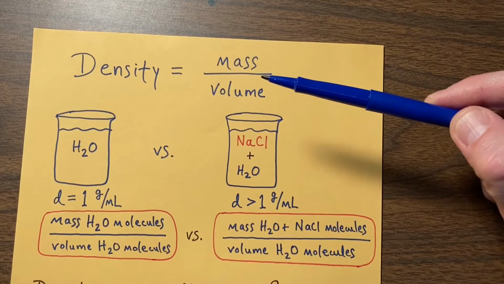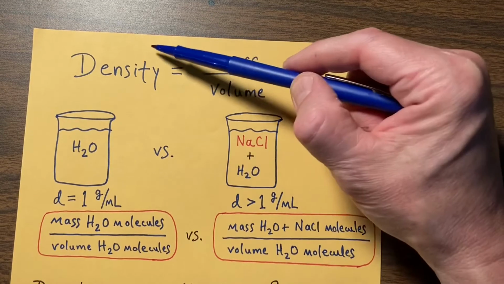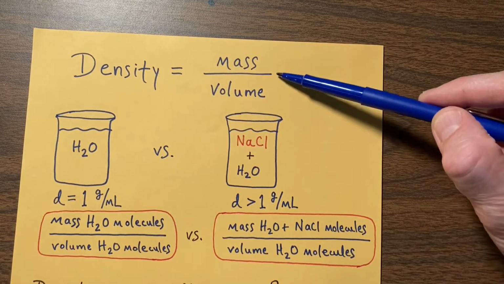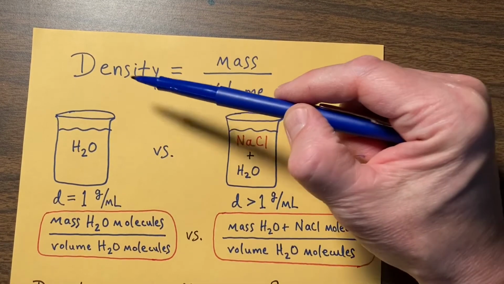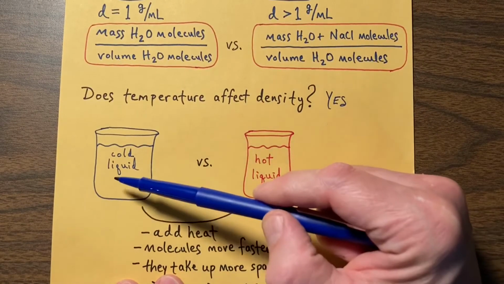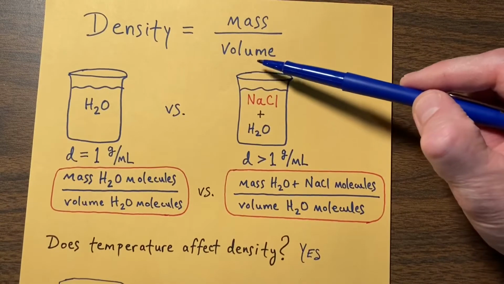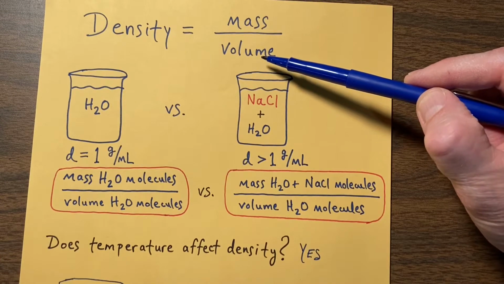An inverse relationship is one in which when one variable goes up, the other one goes down. So as volume increases, density decreases. As volume decreases, density increases. So as you cool the hot liquid back down, the volume will decrease as the molecules of water slow down. They occupy a lower volume.